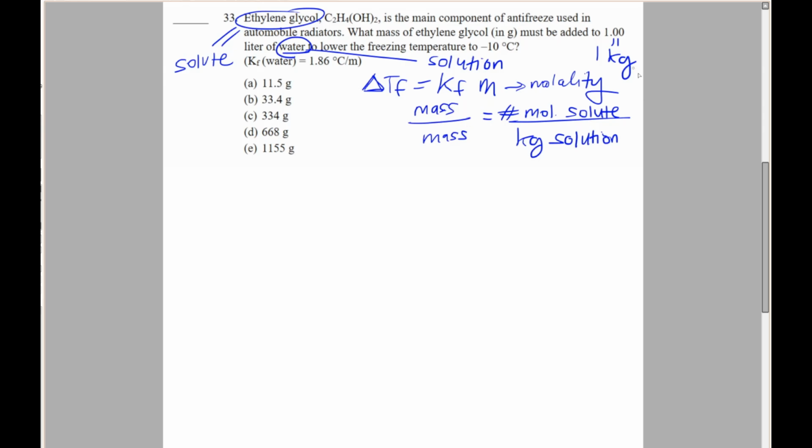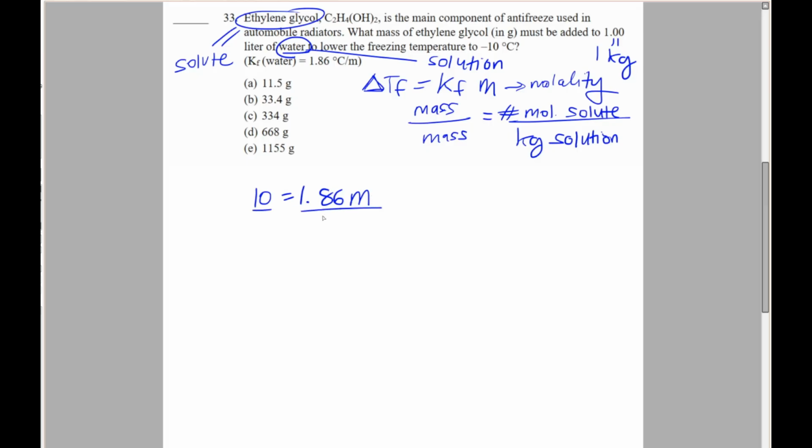So if you plug all of these numbers into this equation, the absolute value of the change in freezing temperature, since molality cannot be negative, is just the absolute value of negative 10 degrees Celsius, or just 10, and that's equal to 1.86 times the molality of this solution.